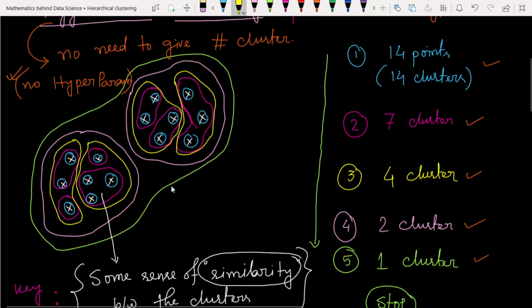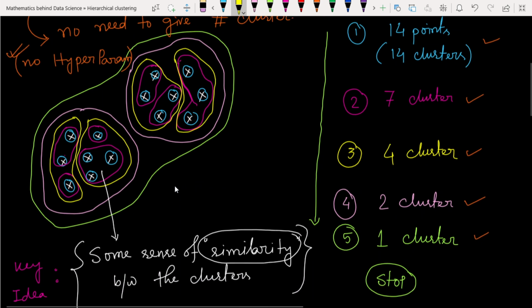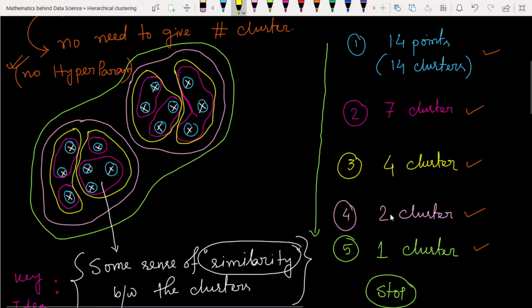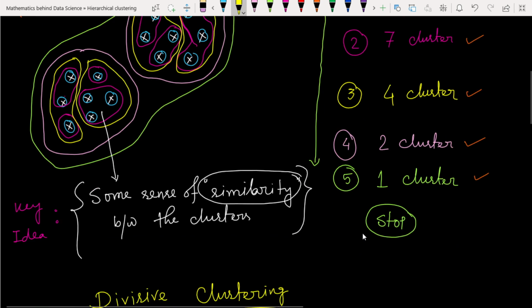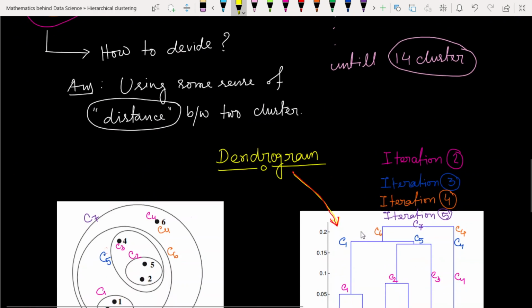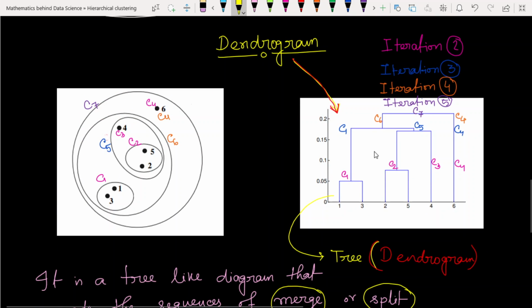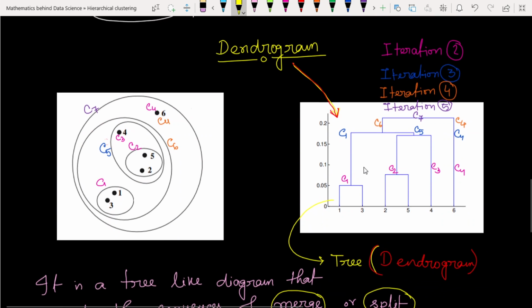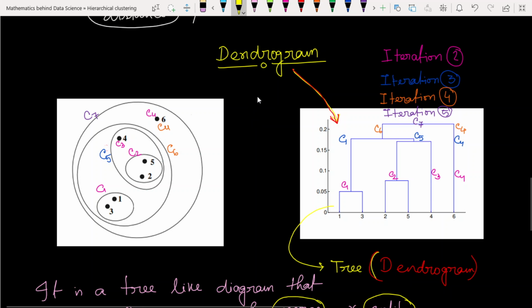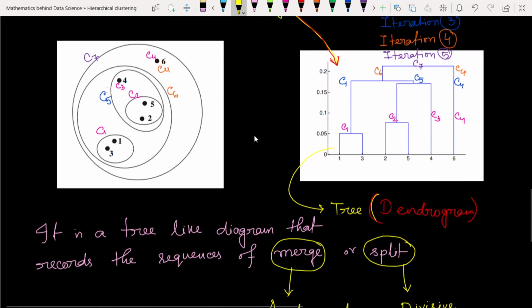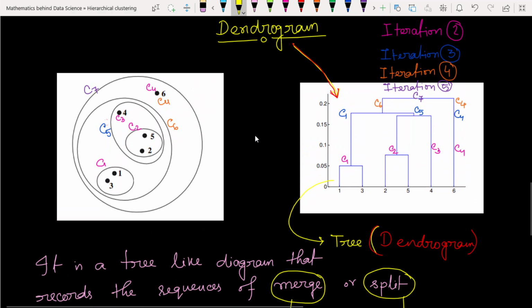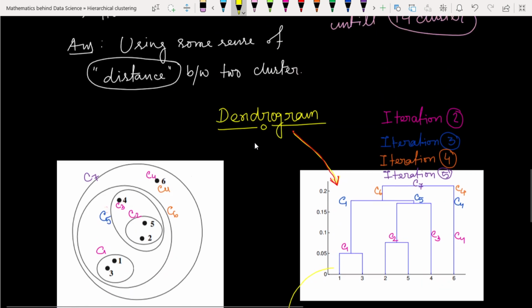That's the first advantage. The second advantage is that, as per our requirement, we can choose the number of clusters. The third advantage is that here we can easily draw a tree-like diagram, called the dendrogram.